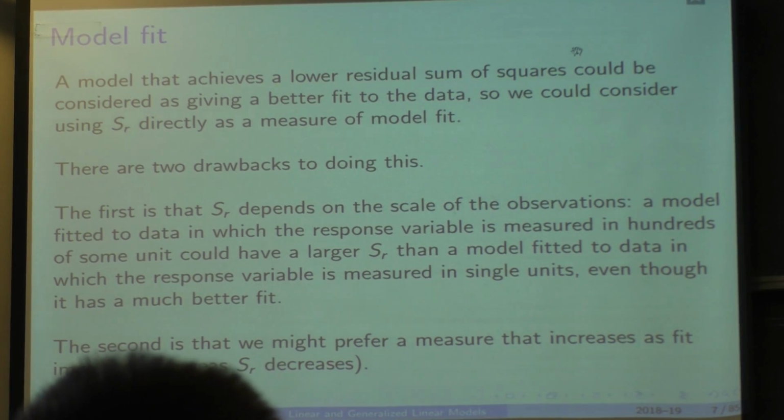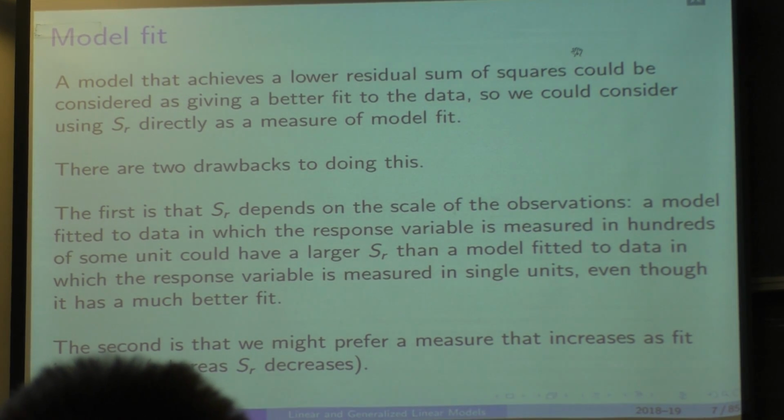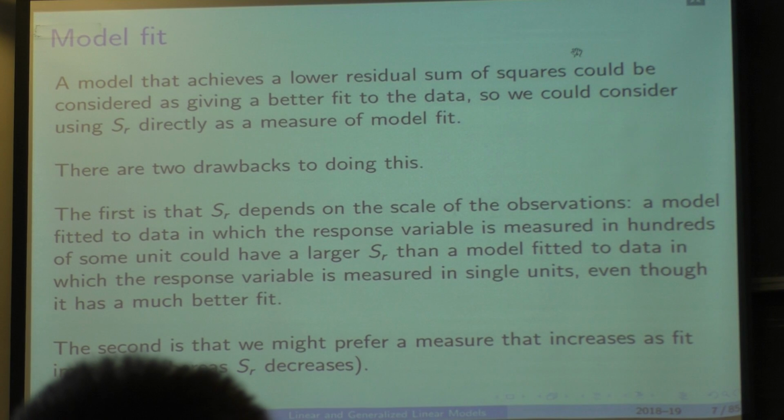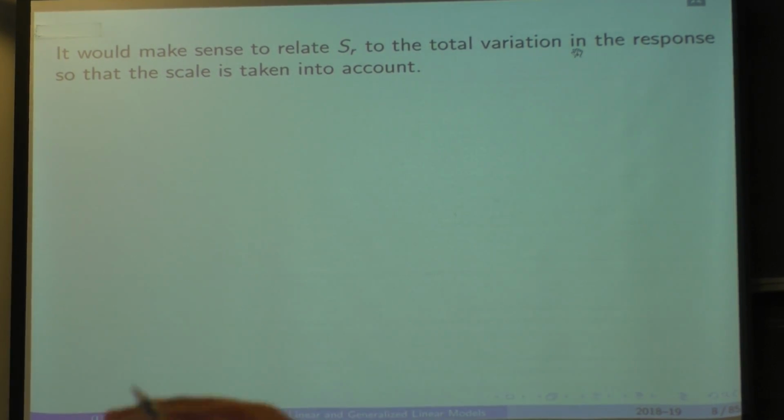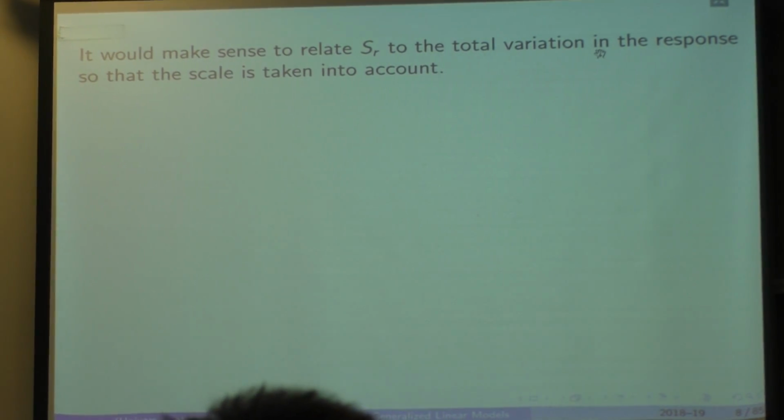So starting from SR, how can we obtain a new measure of model fit which avoids the two issues I've just described? One thing that we could do is relate the residual sum of squares to the total variation, say the residual sum of squares of a null model with only a constant term.